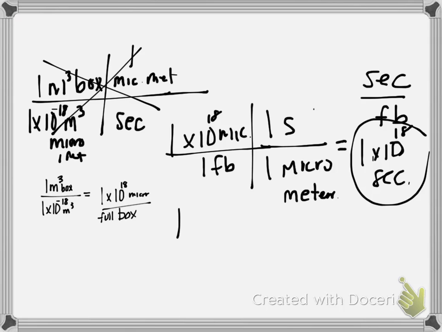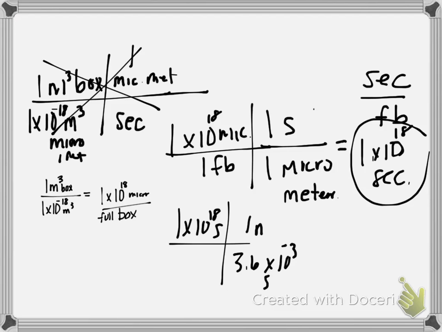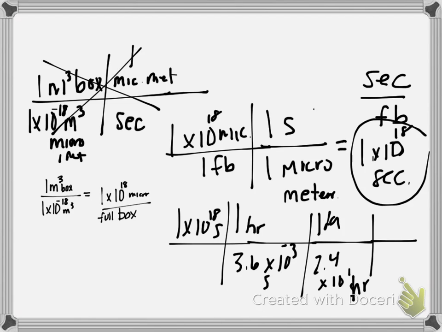Okay, so if we take 1 times 10 to the 18th seconds, 3.6 times 10 to the third seconds in an hour, and 2.4 times 10 to the first hours in a day, and 3.7 times 10 to the second days in a year.